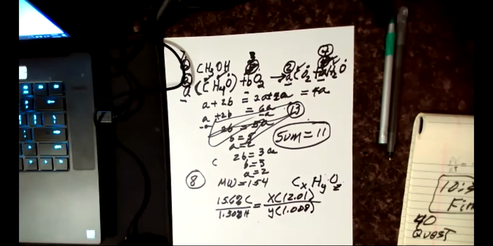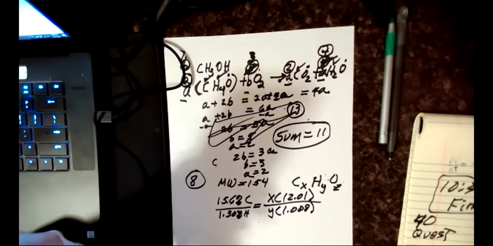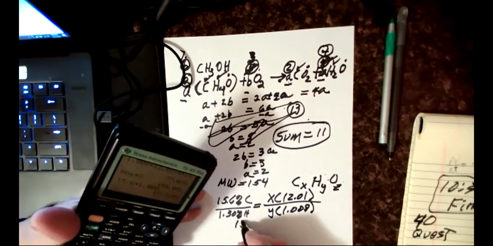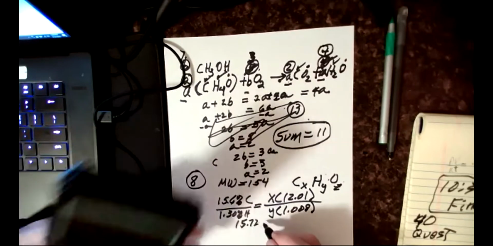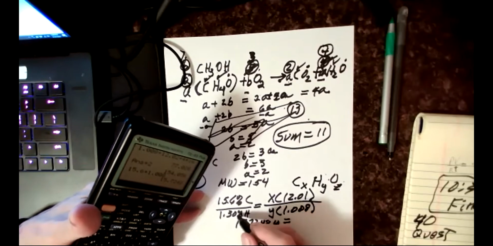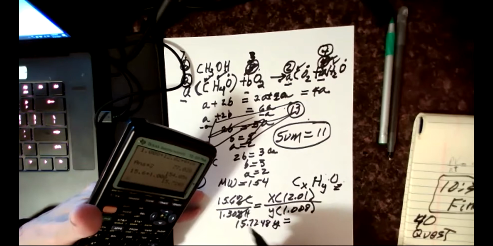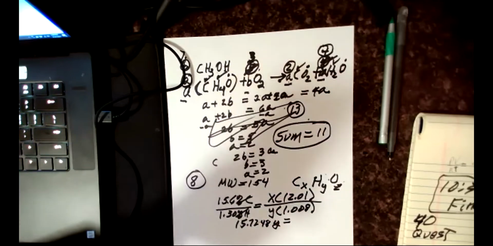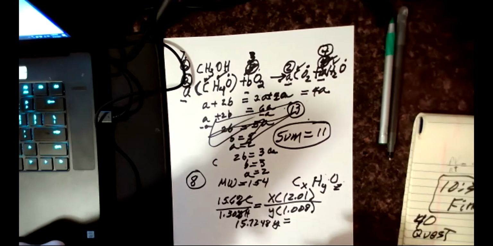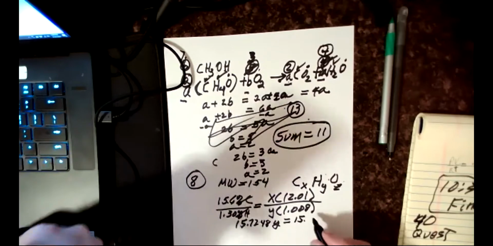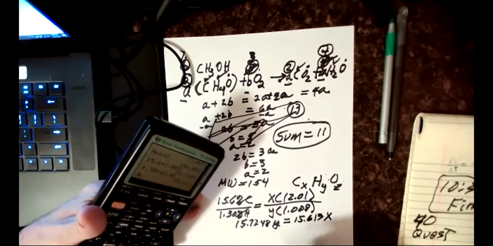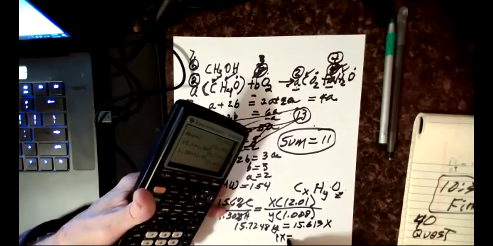So if I cross multiply and run through, I get 15.6 times 1.008 is 15.7248 Y, equals, the percentages cancel, 1.30 times 12.01, that comes out to be 15.613 X. So 15.7, 15.6, that's essentially 1X equals 1Y.